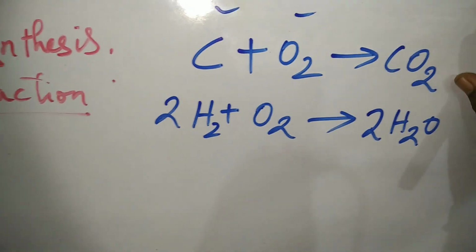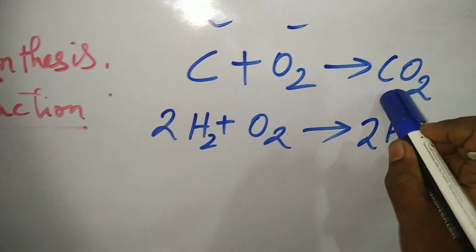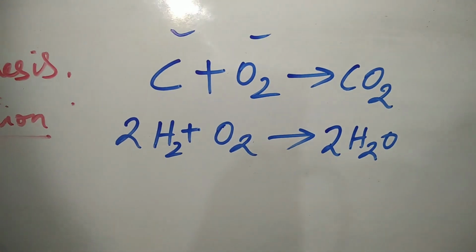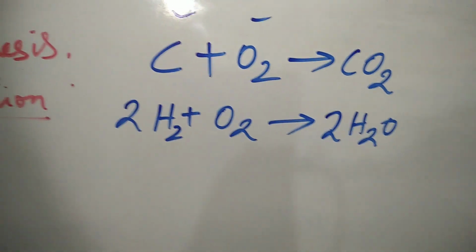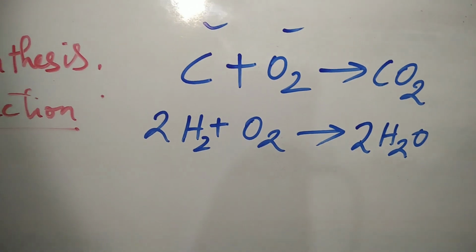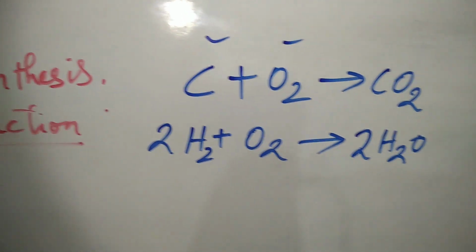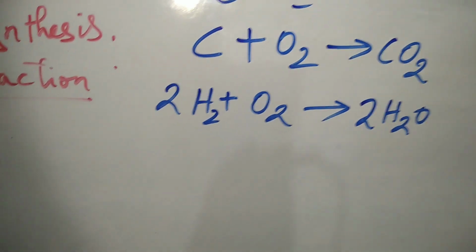In the lab we can synthesize to get this compound. So the other name for combination reaction is synthesis reaction. Synthesis reaction is nothing but something we can prepare in the lab also.